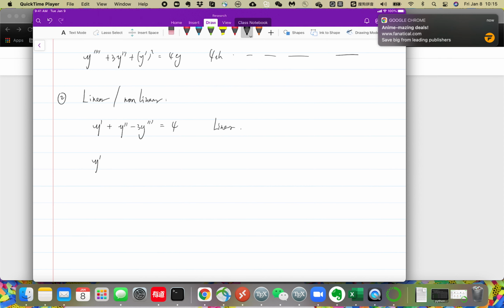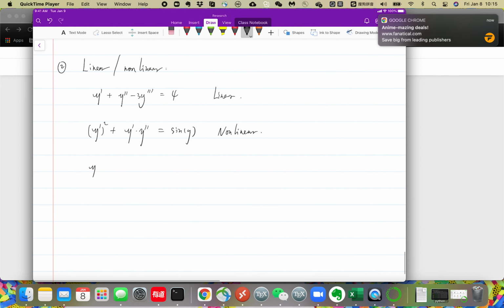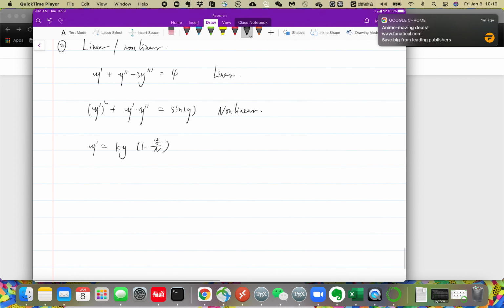That's when you have y prime squared, which is clearly not a linear term, plus y prime times y prime prime equals sine y. This is nonlinear, not only nonlinear, highly nonlinear. From here, you can see the logistic growth is nonlinear. Why? Because if you put these two together, it's basically y squared.